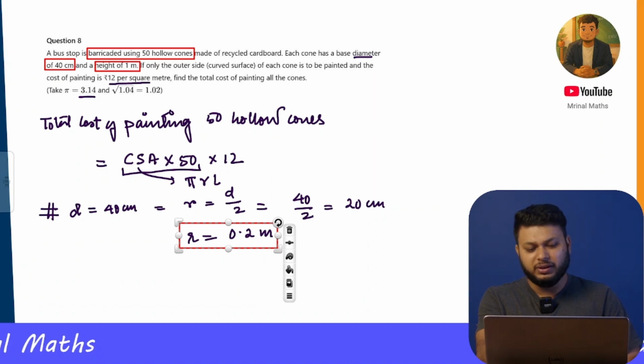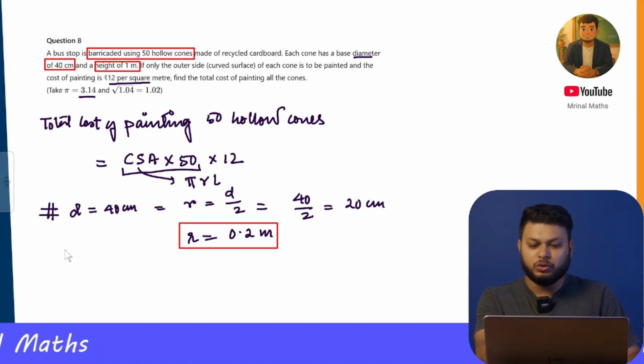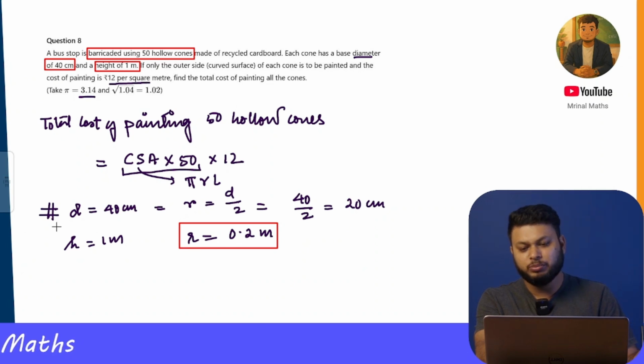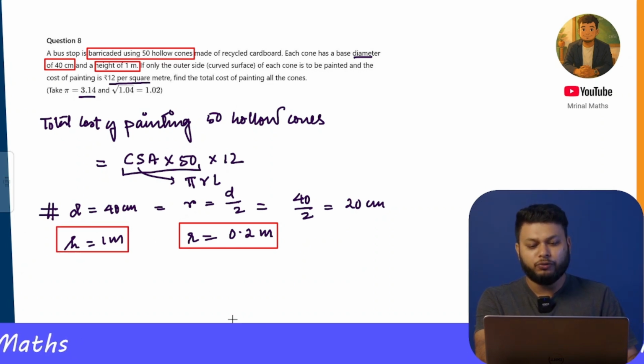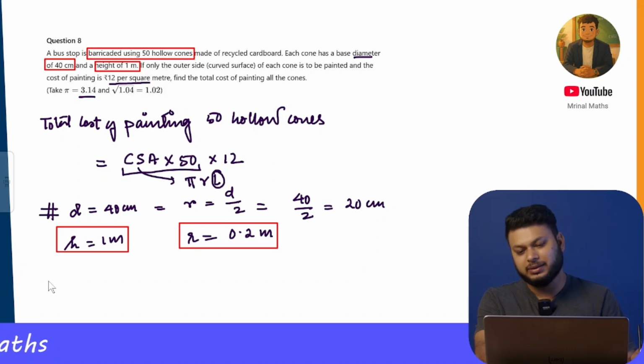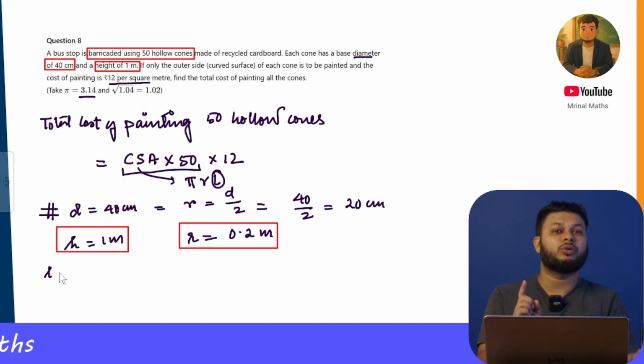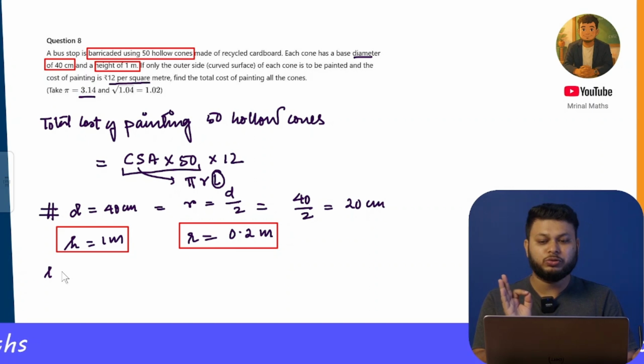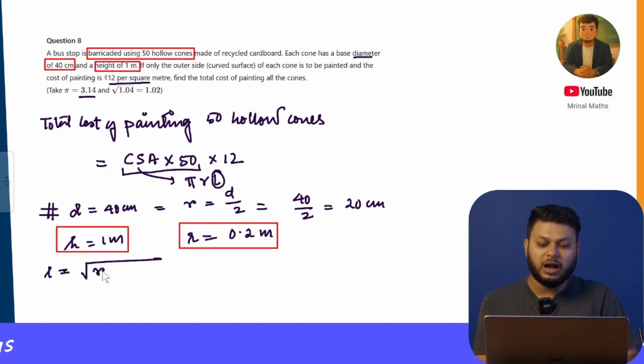Next they have given height. So height is given as 1 meter. Look, both of them are in the same unit. Now for calculation of curved surface area, you require L, that is slant height. So this is why this is important. Check how to calculate the value of L. L equals square root of r square plus h square.